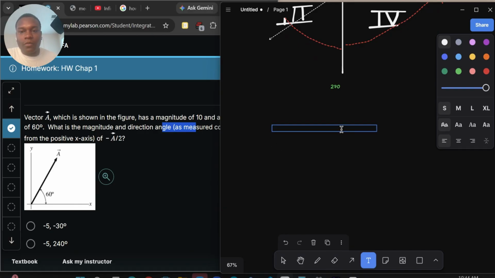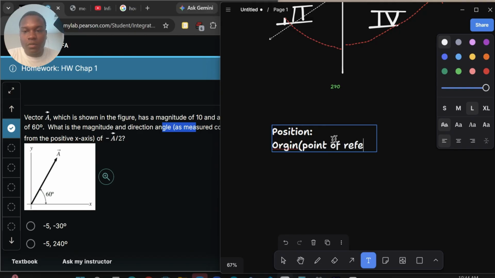So for any position, you need an origin or point of reference.